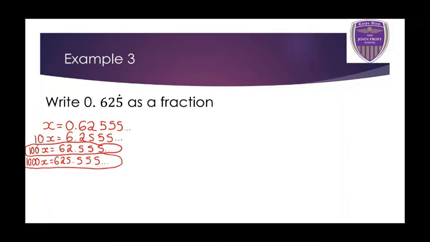Okay, so 1000x take away 100x is equal to 900x. Using these values now, 1000x we said was 625.555, and 100x is 62.555.